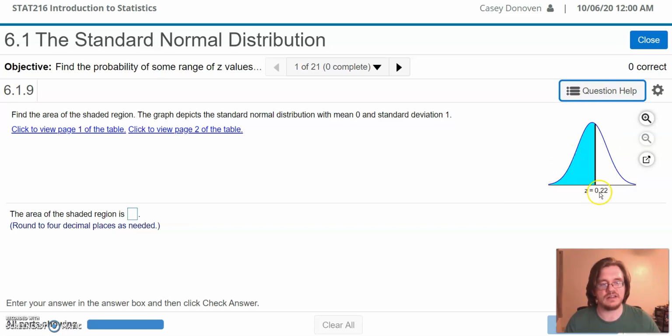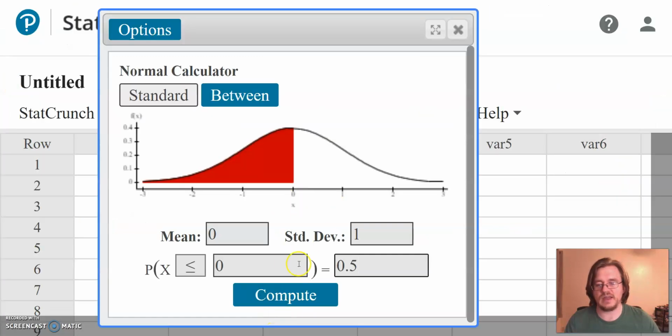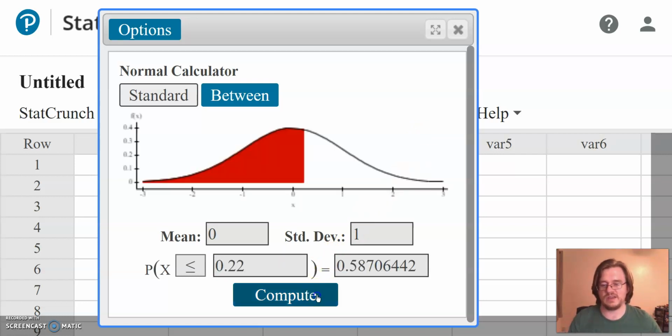In the practice question that we're looking at here, we want everything to the left of 0.22. So what we can do is come back to our graph and say we want all of the values of our variable that are less than 0.22, and we can compute this, and it will be a little bit more than half. Again, here's where 0.22 is, and everything to the left of that, that's a little bit more than half.